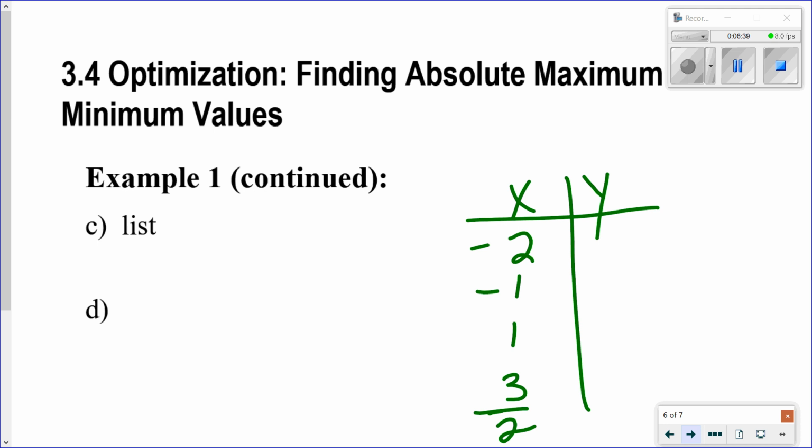So -2 gave me 0, -1 gives me 4, +1 gives me 0, and 3/2 gives me 0.875.